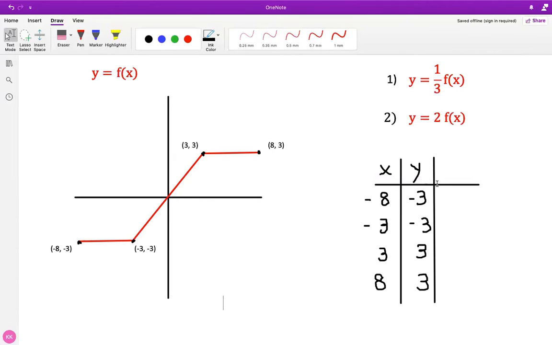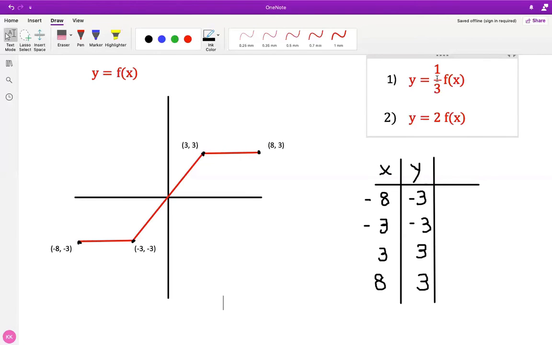Your first step should always be to draw a table of values that looks something like this, with an x column and a y column. When x equals -8, y equals -3. When x is -3, y equals -3. And so forth: 3 and 3, and 8 and 3. I want to investigate how the 1 over 3 affects the original function.